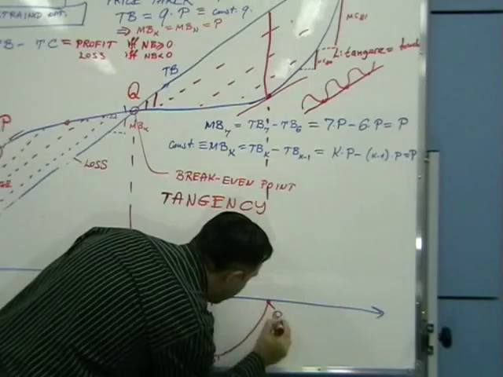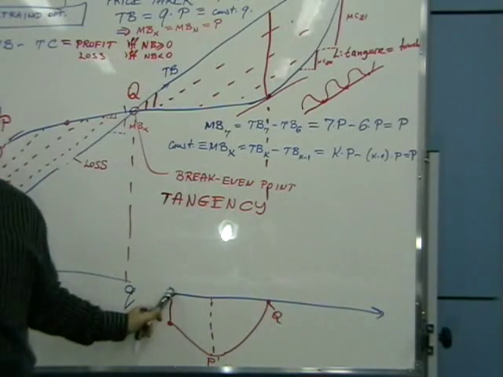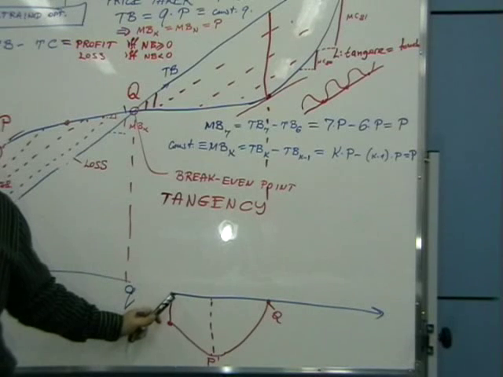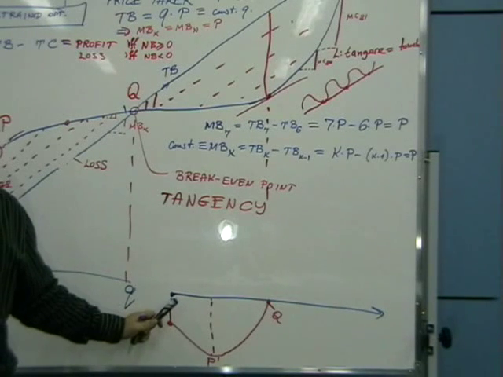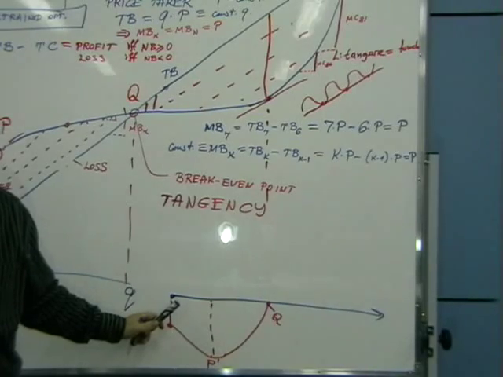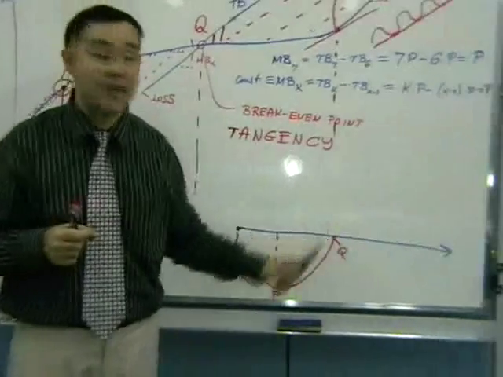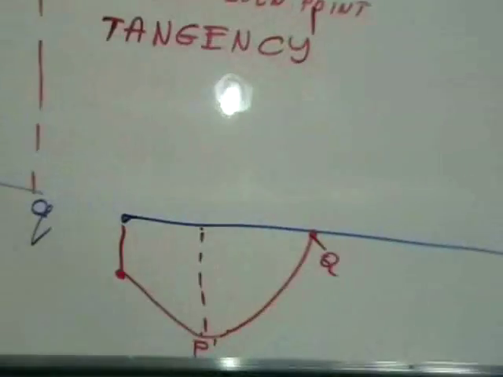So this Q point is the break-even point, where you're making neither a profit nor a loss. A different way of saying it is that your revenues cover your cost, so total revenue equals total cost, which means the net benefit is 0.